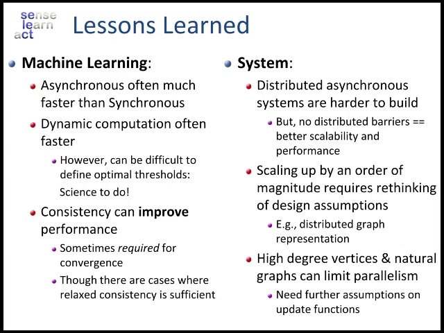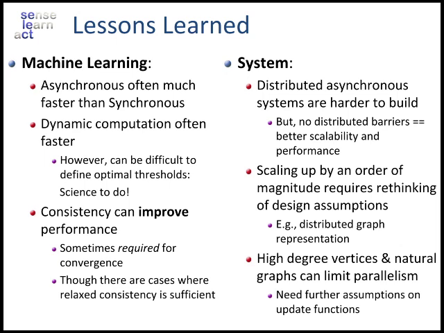Consistency can be very important. Not only is it sometimes required for convergence, but it is often imperative to get any reasonable results. Of course, there are some problems where consistency is not that important, and GraphLab allows you to tune different consistency models.